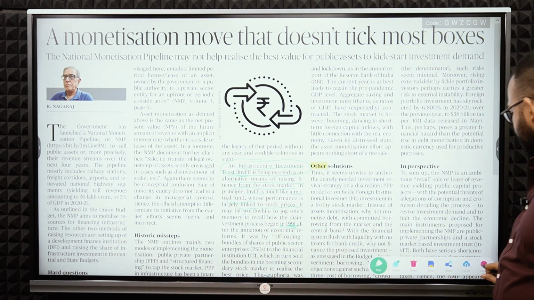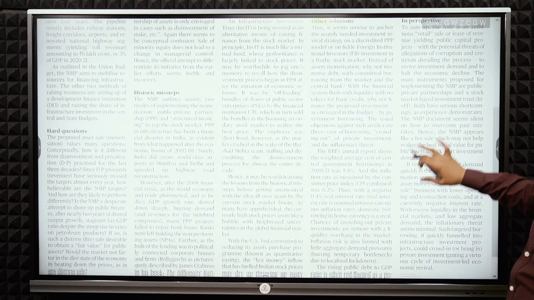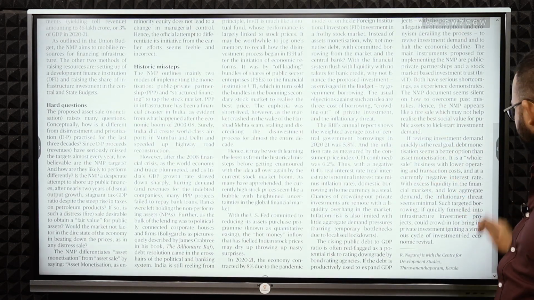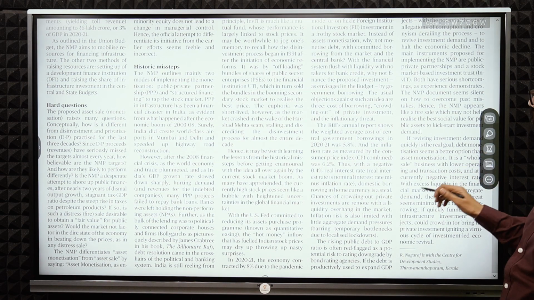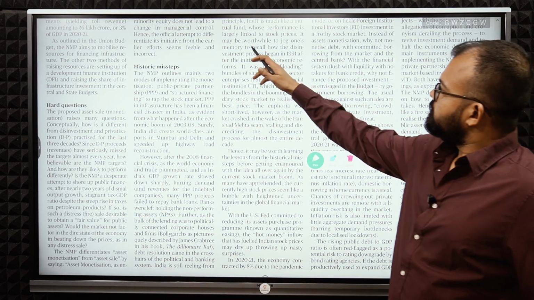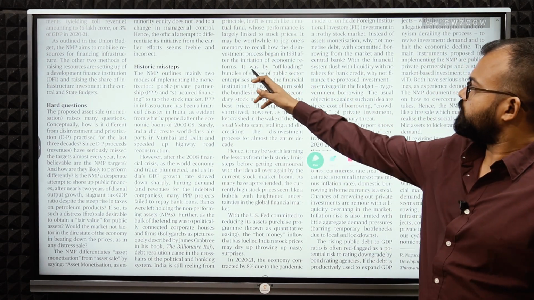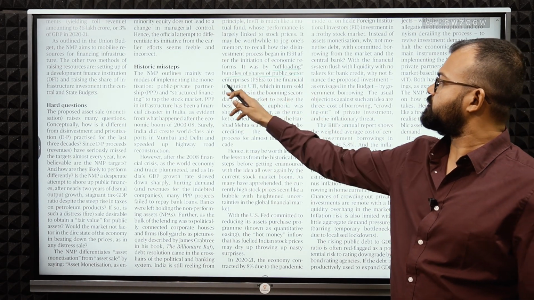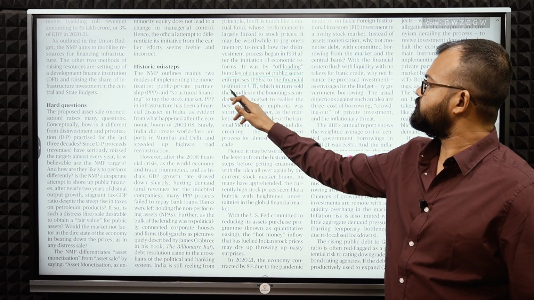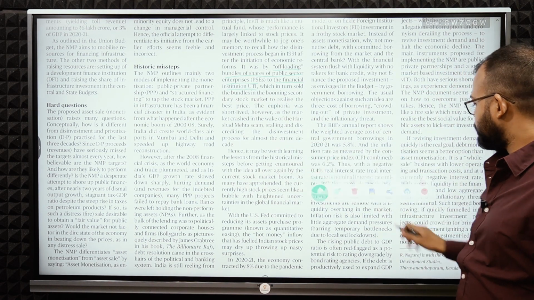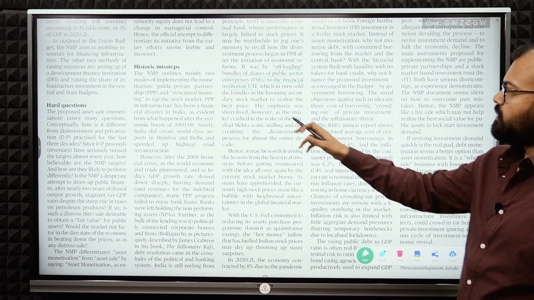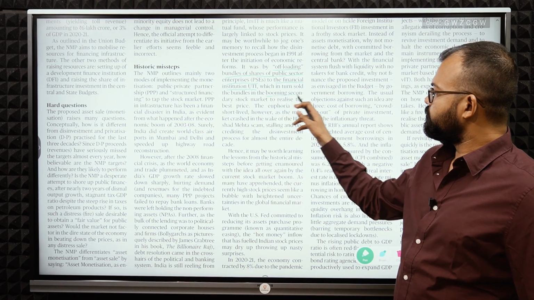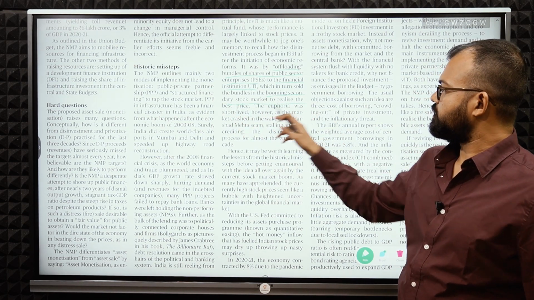Now apart from that, if you go up, you realize that it is worthwhile, like we have done, by offloading bundles of shares of public sector enterprises to financial institutions like UTI. You must have heard about UTI, Unit Trust of India, which in turn sold the bundles in the booming secondary stock market to realize the best price.